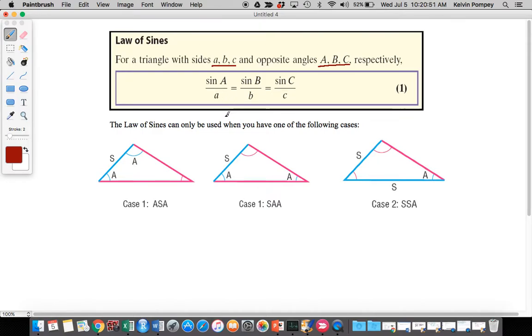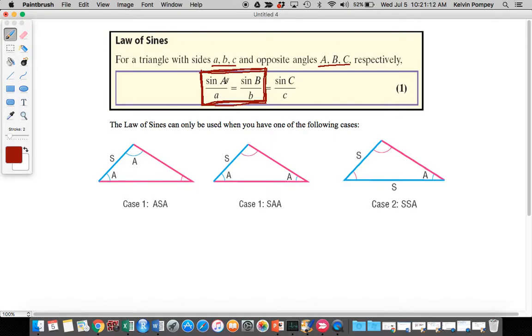There are certain things that we need in order for us to be able to use the law of sines. For instance, if I just look at this proportion here, in order for me to solve or find a side length that's missing, I've got to have at least three pieces.